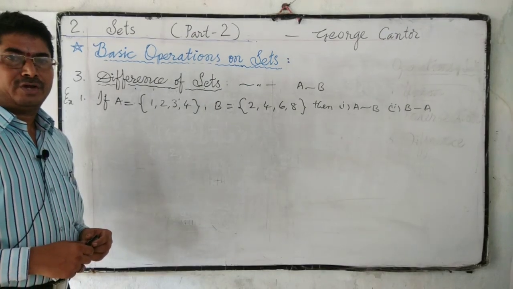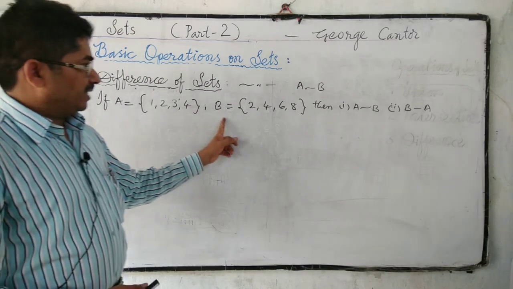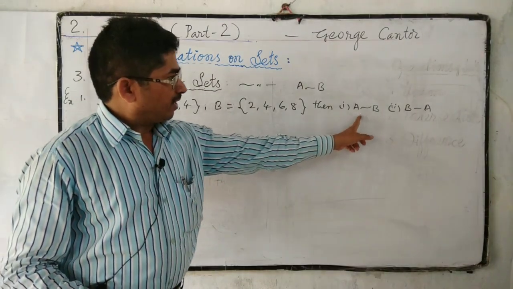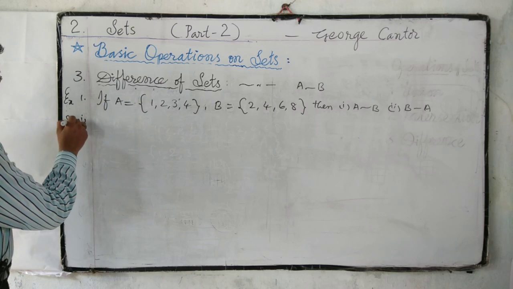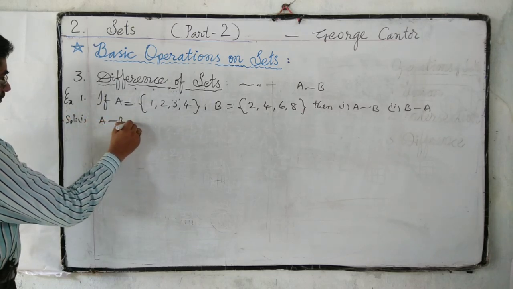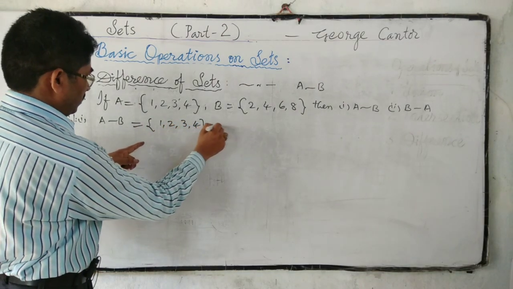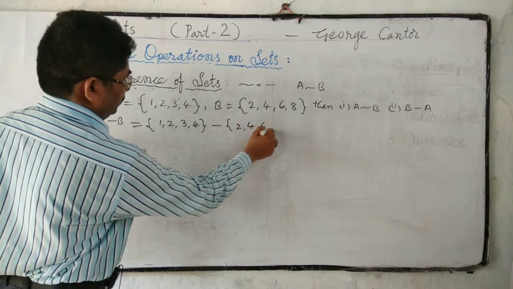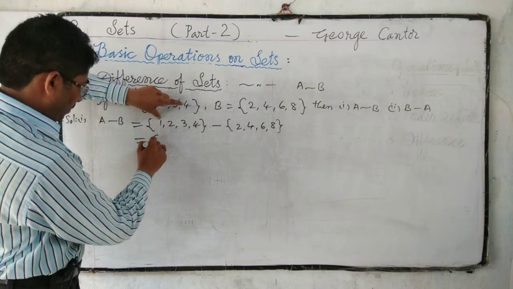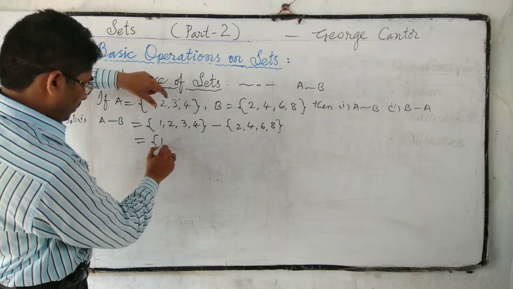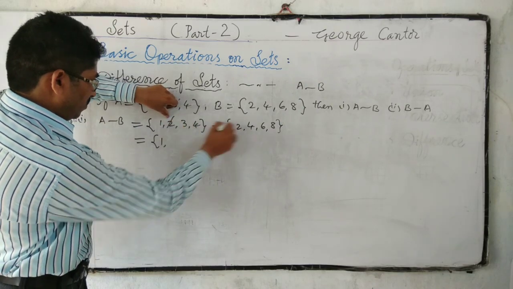Let us see a few examples. If A is equal to the set of 1 2 3 4 and B is equal to the set of 2 4 6 8, then find A minus B and B minus A. First A minus B. A is 1 2 3 4, B is 2 4 6 8. 1 is in A but not in B, so we write 1. 2 is in A and also in B, so we don't write.